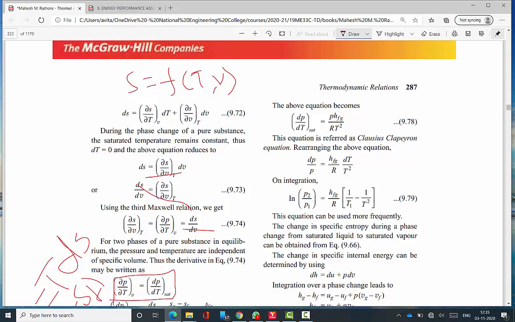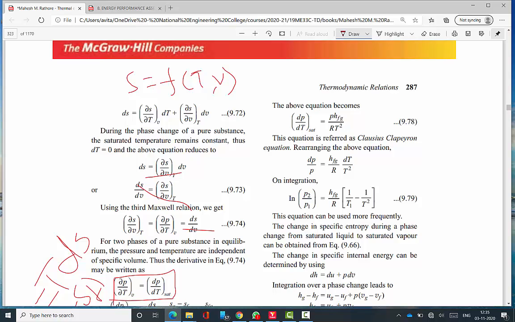Once we integrate the equation, rearrange: dP by P equal to hfg by R into dT by T square. The integration of 1 by P is ln P2 by P1, which equals hfg by R, as hfg and R are constants, times the integration of dT by T square.